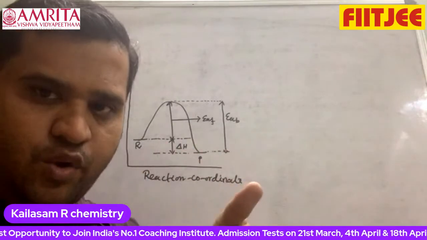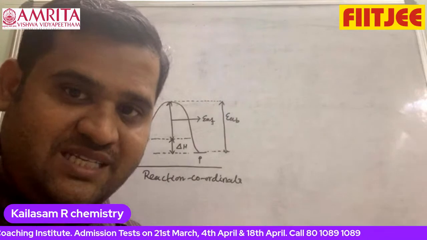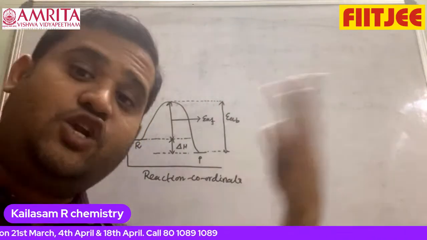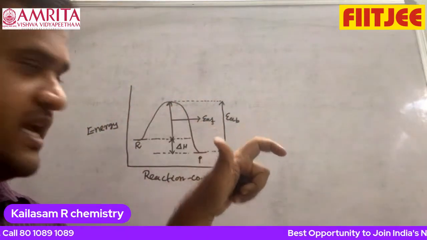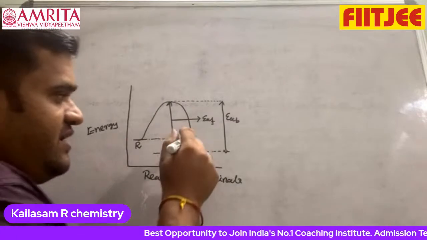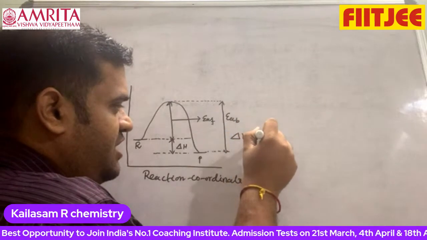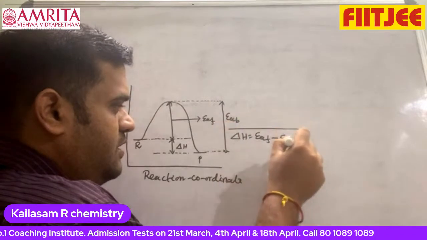When they give the product, they may release energy, or sometimes the amount of energy released is not sufficient because it may be an endothermic reaction. In this case, it is an exothermic reaction. How do you say it is exothermic? Because the products are at a lower energy level than the reactants. That means we can write the delta H of the reaction as the energy of activation of forward minus the energy of activation of backward.